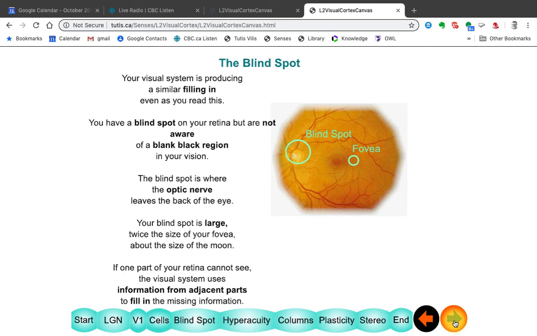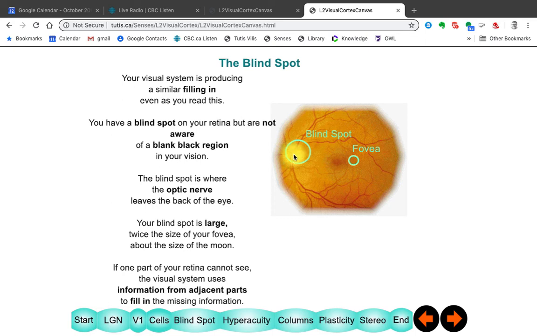So, you have a blind spot. I should have shifted this a little bit more. The fovea is more over here, where the darker spot is, but it's about that size. Over here is where you see all these arteries heading out from the eye, and it's also where all these ganglion cells exit through the optic nerve.